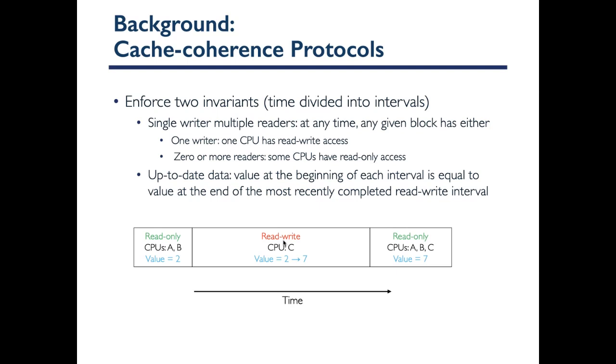And after we saw what the cache coherence problem is, we started talking about solutions to address it. So the first step was to define cache coherence protocols and what they have to do.